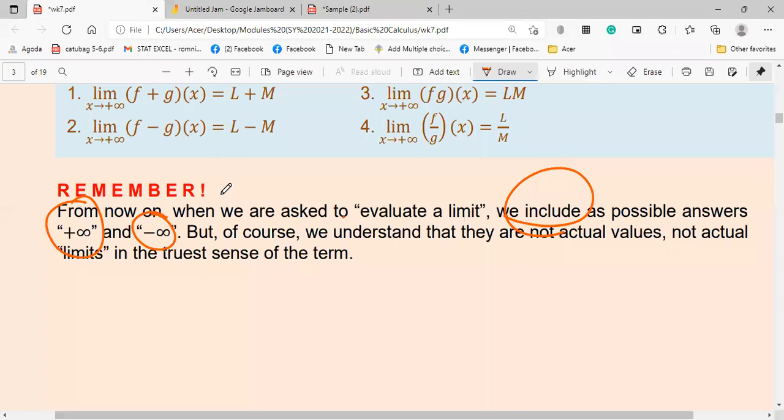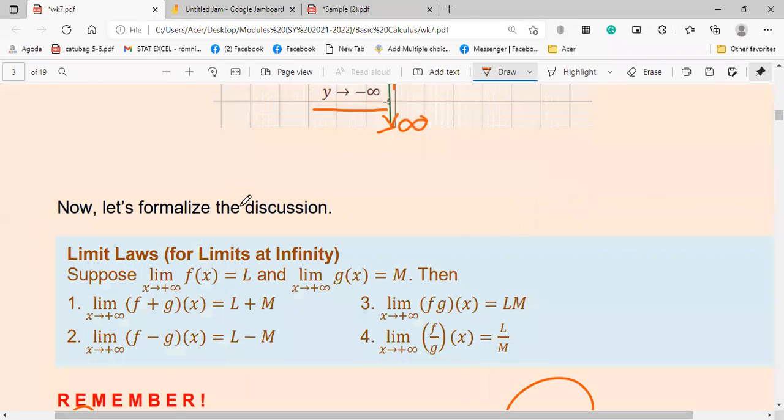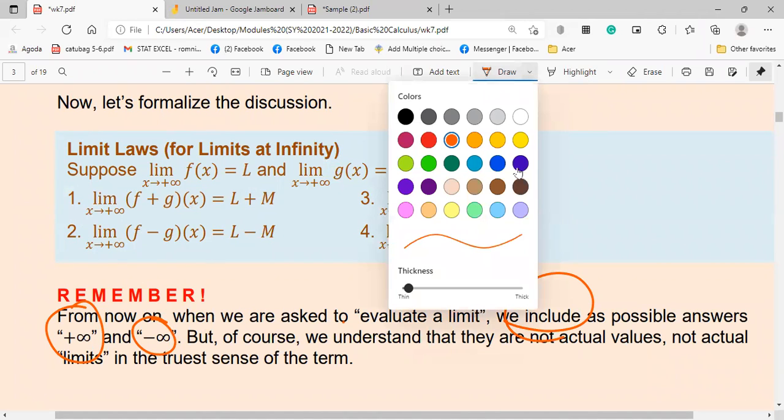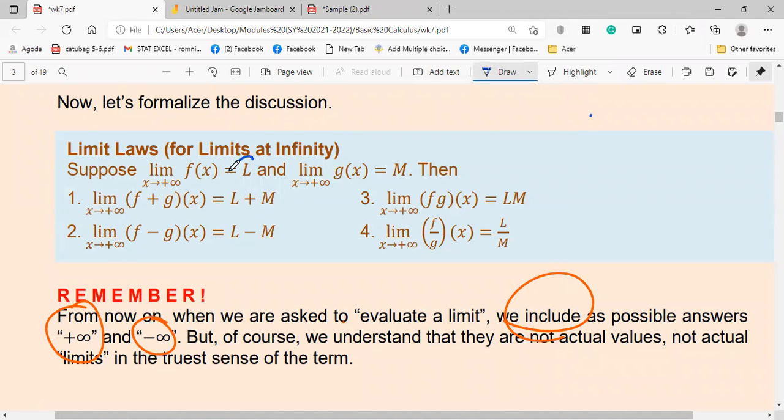Okay, now, we continue our lesson on limits at infinity. On the basic limit laws for limits at infinity, you should always remind yourself of the conditions. Kapag nagsusolve kayo, lagi ninyong titignan ang condition. Ano ba yung nakaset na condition?